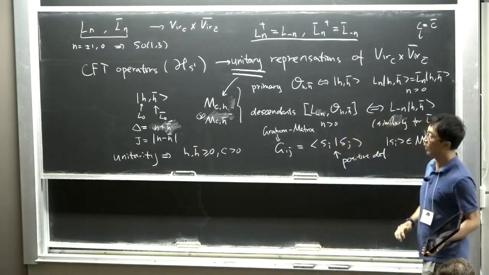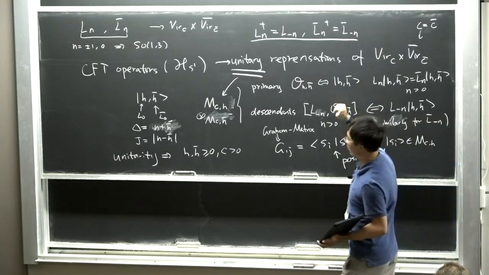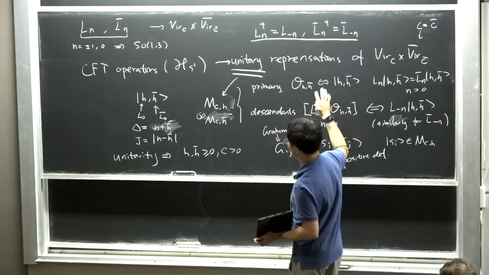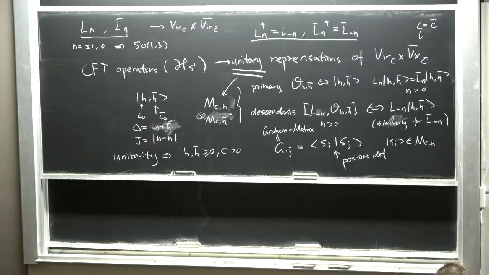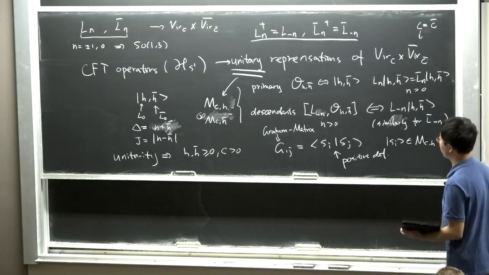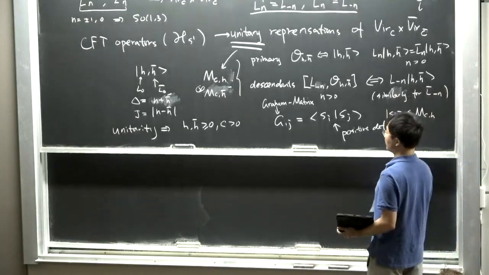By doing so, you fully exhaust the constraints coming from unitarity on these representations. I will not do that exercise here, but I'll just summarize what answers you will find.